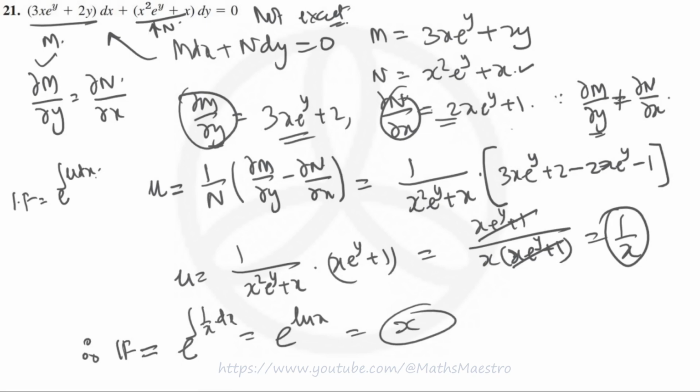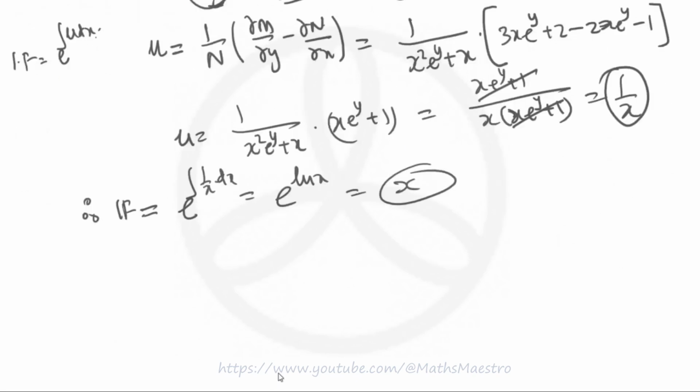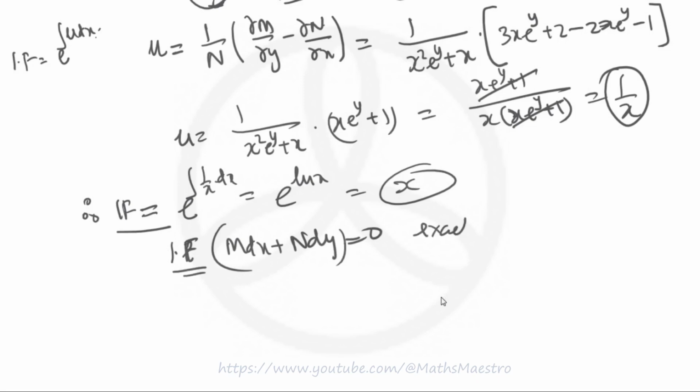So the rule says if we multiply this equation with the integrating factor, it will actually become exact and we can integrate it quickly.